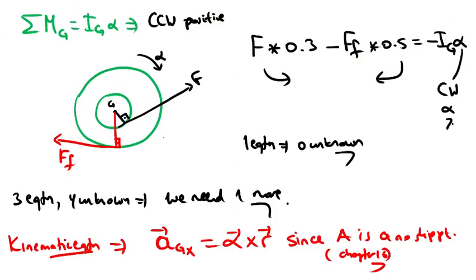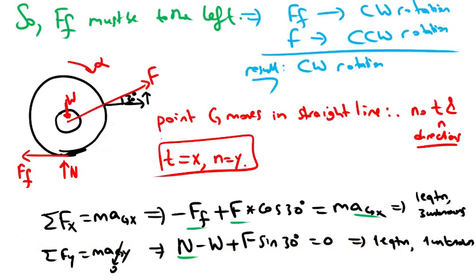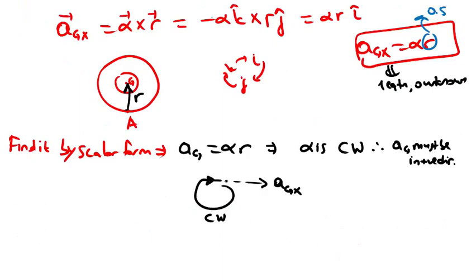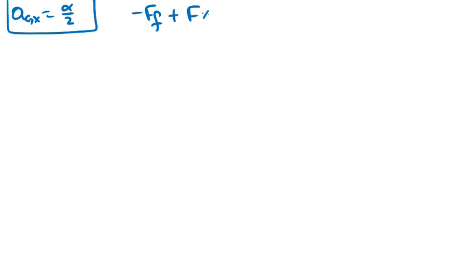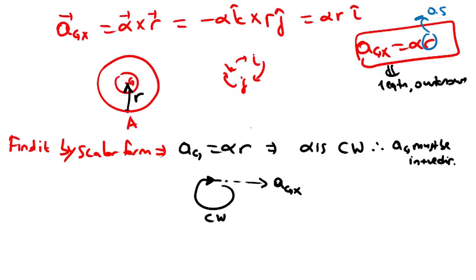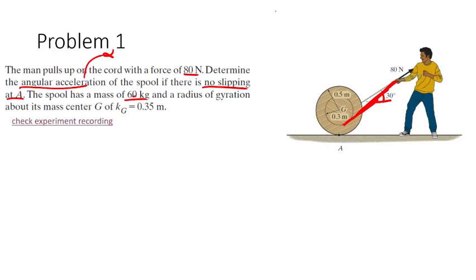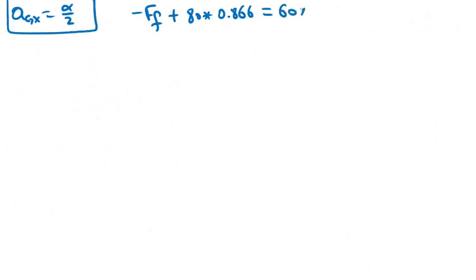If I replace a_Gx back here, then F_f is the unknown. So negative F_f plus F cosine 30, F is 80, cosine 30 is 0.866, and then into m, which is 60 kg, times a_Gx, which is alpha by 2.